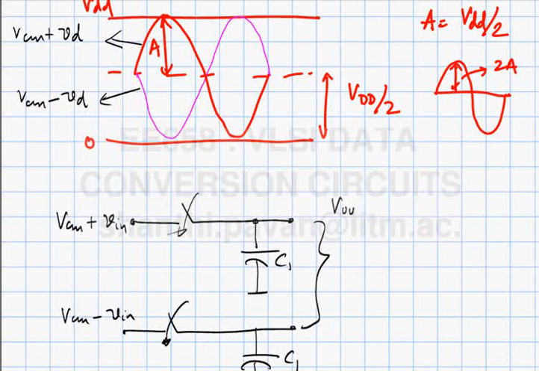So this is V out plus, let's say this is V out minus. So the differential output voltage is V out plus minus V out minus.